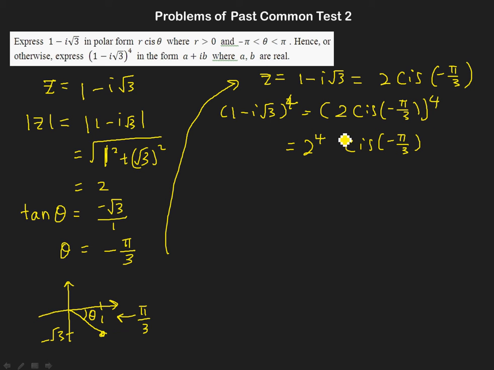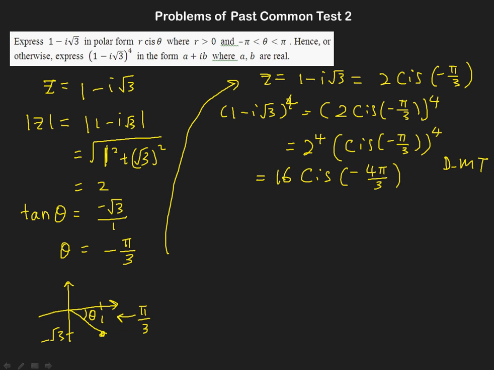This is actually isolate this. And okay, this is 2 to the power of 4, which is 16. But what about this? If you recall the De Moivre theorem, we actually can express this as negative 4 pi over 3.